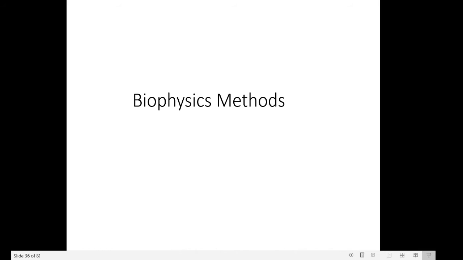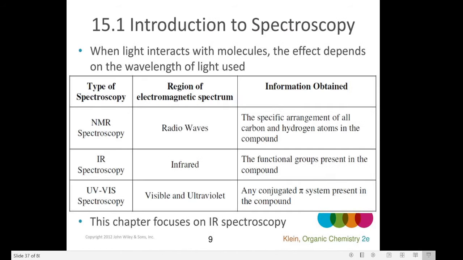Then we enter into the biophysics concept. In this biophysics concept, we have NMR spectroscopy, IR spectroscopy, and UV-visible spectroscopy. Why do we want these different methods? Based on the electromagnetic spectrum range, we vary the spectroscopic method.